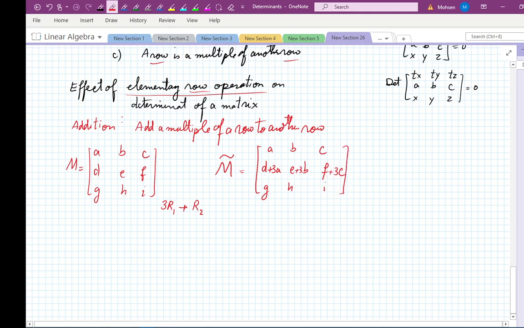The question is, if I do an elementary operation of this type, what's going to happen to my determinant? That's actually a very crucial thing, the way the proofs are built for this topic. We are not offering the proofs, but let's offer the basis of those things. If I add a multiple of a row to another row, what happens? Here's the magic. Nothing happens. The determinant of M tilde is the same as what it was.